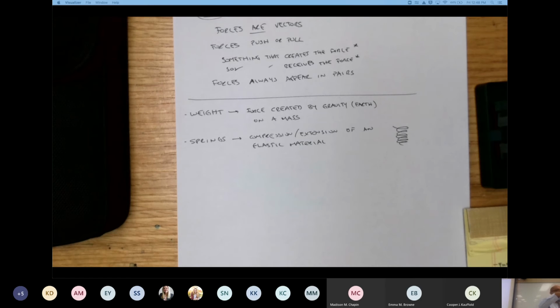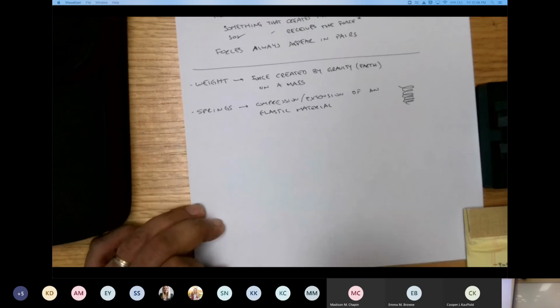But you guys, you pull your skin and it goes back to a natural position. That's an elastic material that behaves as a spring, or it can be modeled with a spring. Your tendons, your muscles, your cartilage, all those can be modeled as springs. Okay, so we'll talk about springs sometime later, but don't think just of those metallic coils.